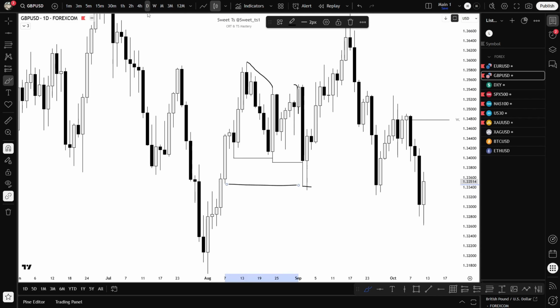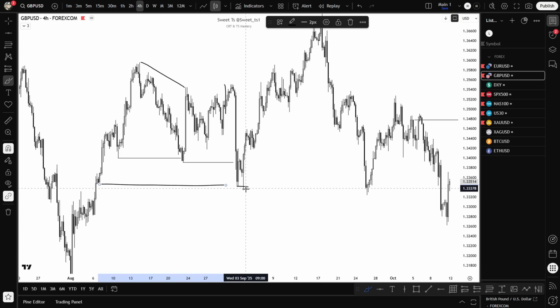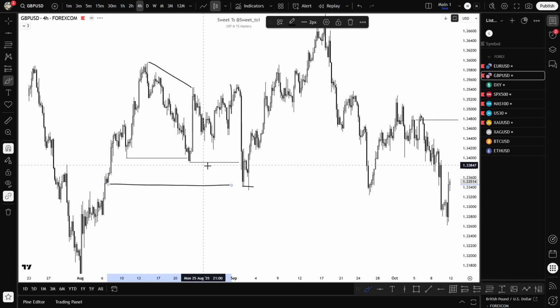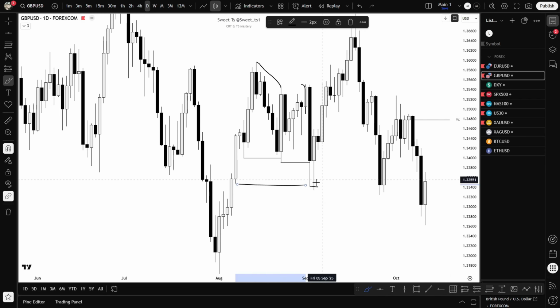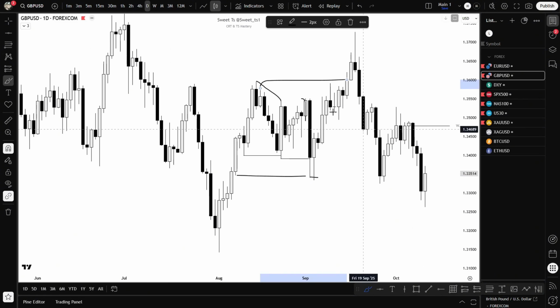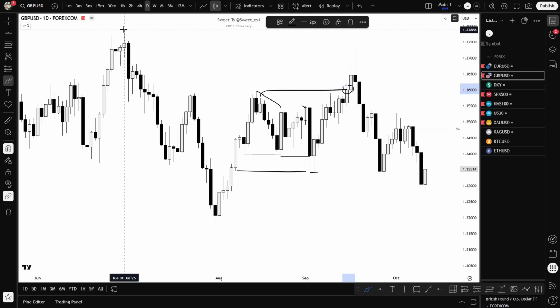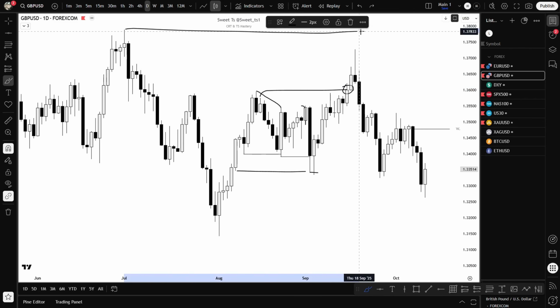So daily FVG here, and we have the reaction, right? One tap, second tap, expansion, and if you go to daily, so this low should take us at least into this high, right? And we partial here, expecting this high, right?